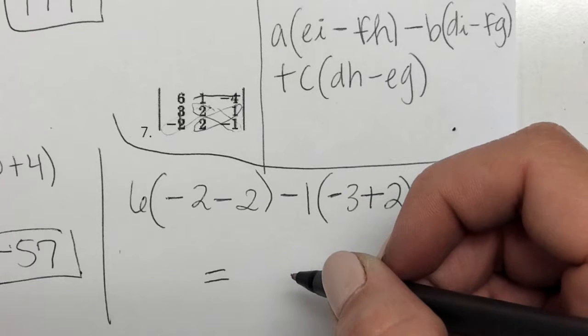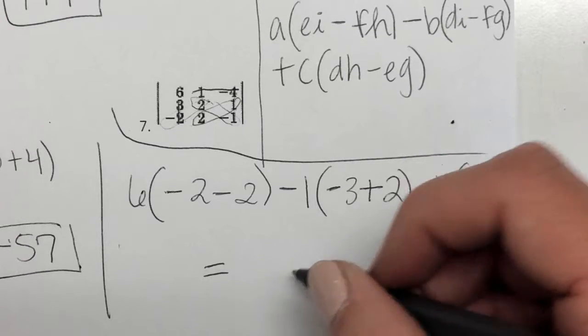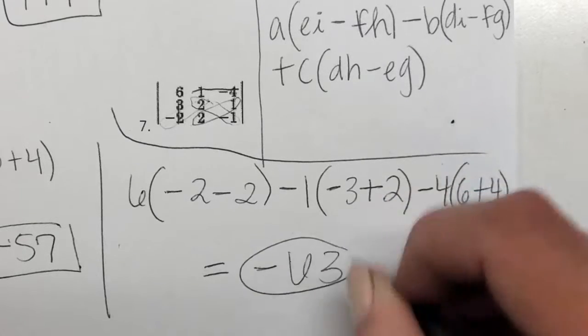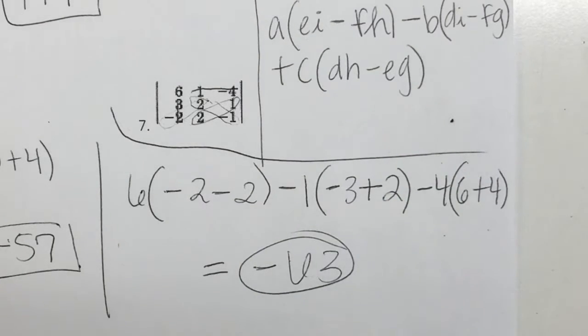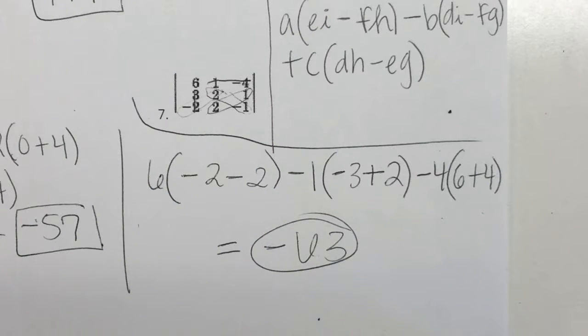Still working? What'd y'all get? Good. Negative 63. Anybody else get anything different? Very good. Alright, people who don't have a TI 83 or 84, go ahead and get started on number 8.